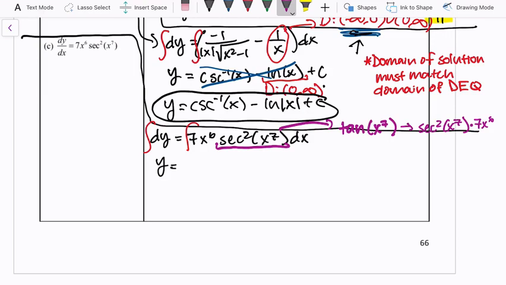And hey, I see that matches what I have in here. So we have to recognize that this was really just the derivative of the inside of our other function. So this becomes tangent of x to the 7th, and I need to make sure I add that plus c.